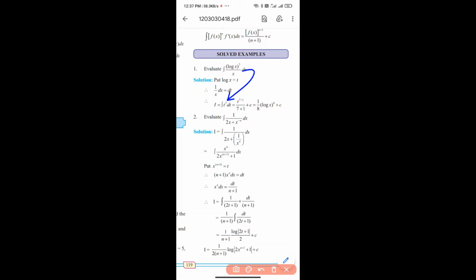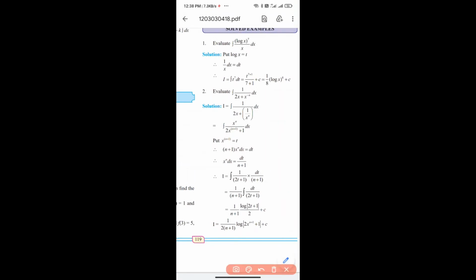Then we have taken this 8 outside and replaced log x with t so that we can get the answer in the original variable. Okay, so that's it for the first example.